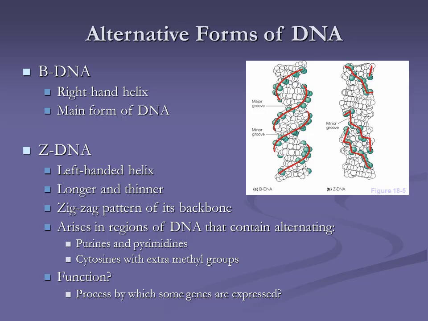It's going to give a much more open space, and it's thought possibly that Z DNA may occur when we are trying to transcribe the DNA into RNA, but we're still not really sure. This is the more common structure. So B DNA is naturally occurring DNA, and we'll just leave it at that. And B DNA stands for the right-handed helix.